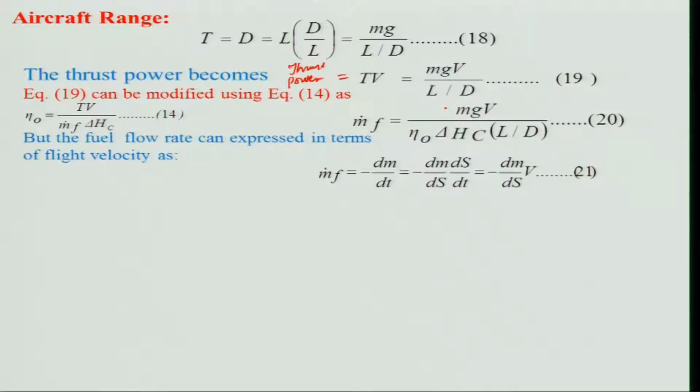So, I can write m dot f is equal to minus dm by dt. The mass of the vehicle contains passengers, fuel, crew members and other things, the aircraft itself; those are not changing in level flight. So, I can write dm by dt is equal to dm by ds, where this distance, which I am calling S, is the range.